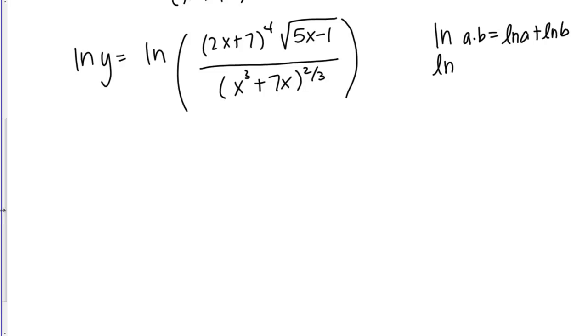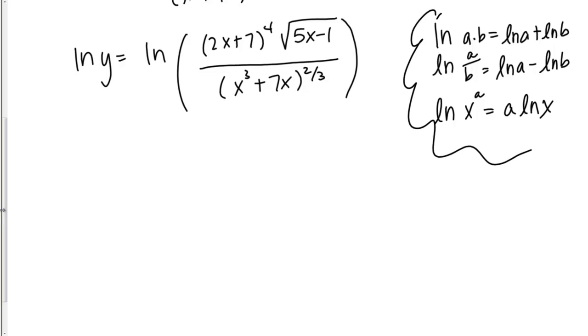If I have the natural log of a divided by b, I can write that as natural log a minus natural log b. And finally, if I have the natural log of x to the a, you can pull that exponent out front and make it a coefficient, so this becomes a natural log of x. So we're going to exploit these really nice properties of the natural log.